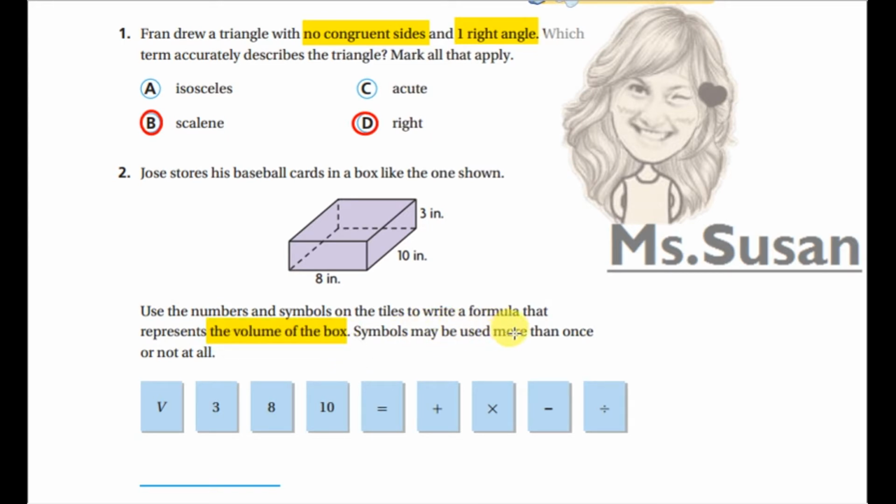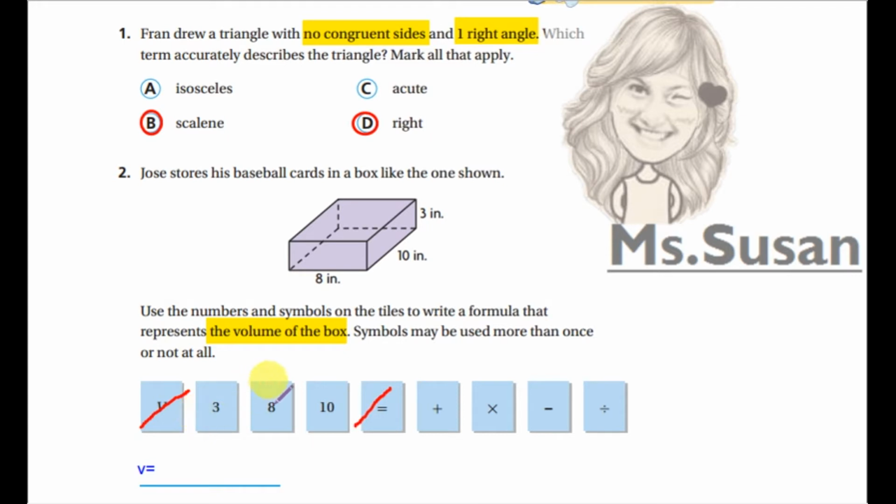Symbols may be used more than once or not at all. So first he wants me to write the formula of the volume. Start with V equals.